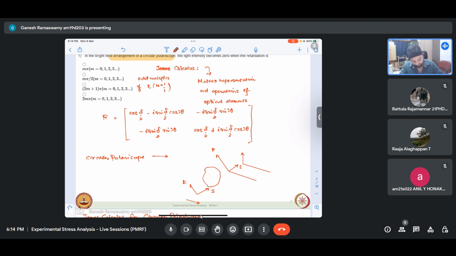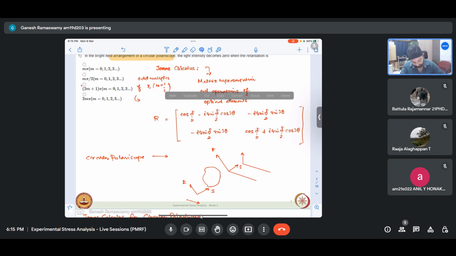For example, if we were to substitute, okay, why not expand it out? The first option gives us 0, pi, 2 pi, and so on. And we know that this is the case only for the dark field arrangement.